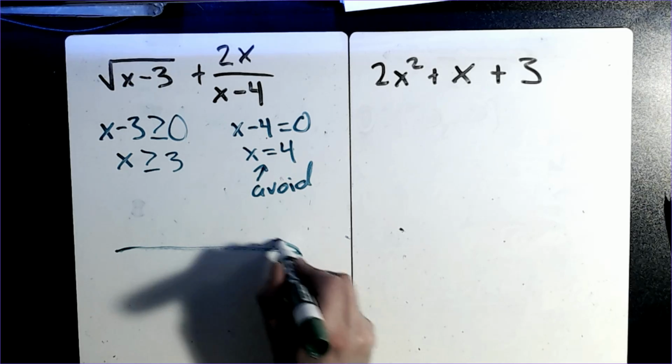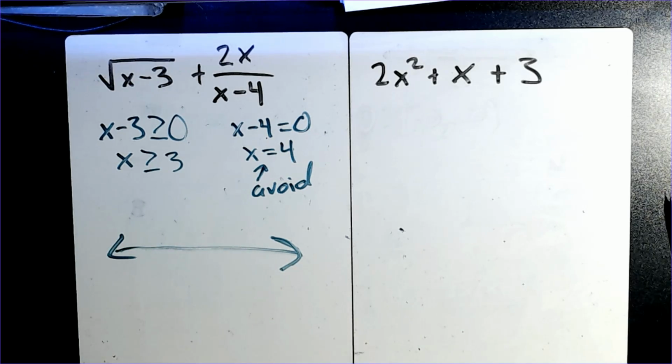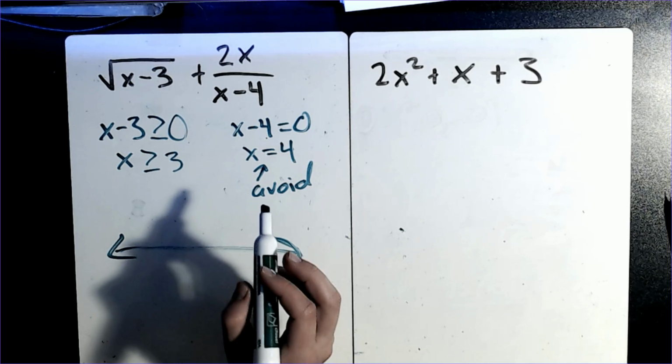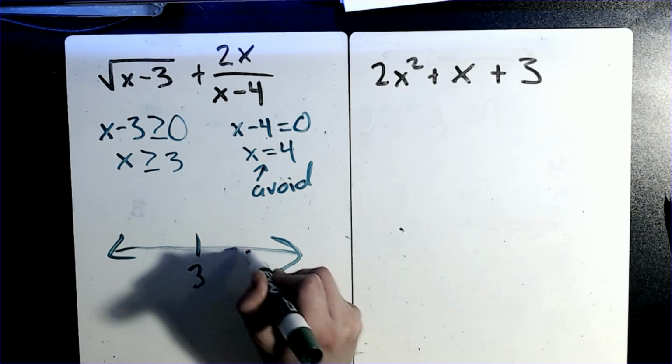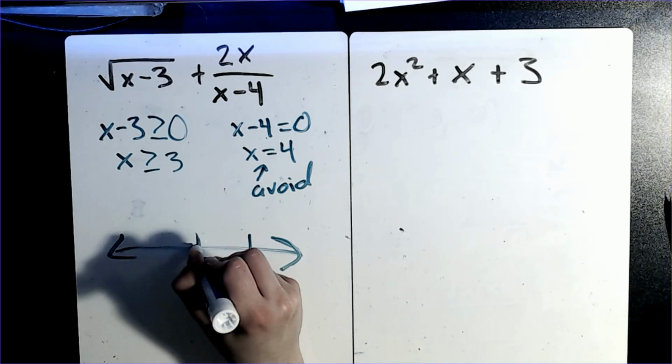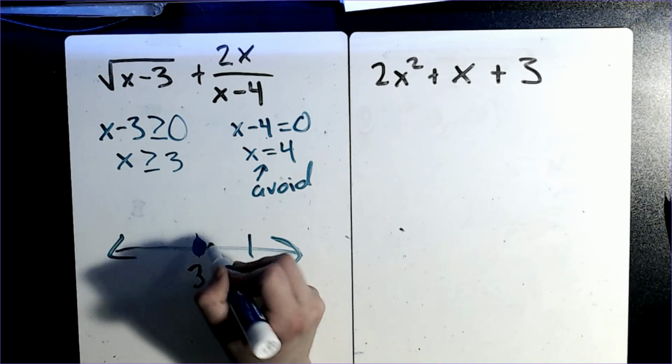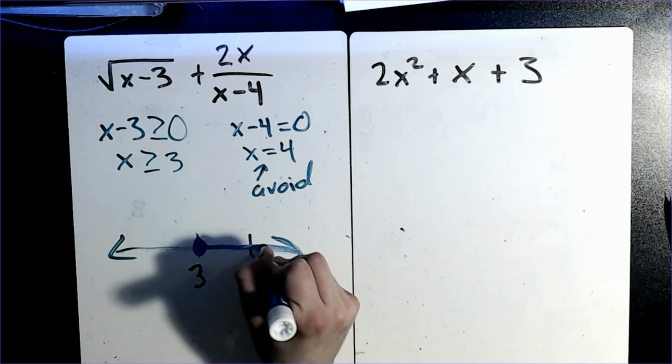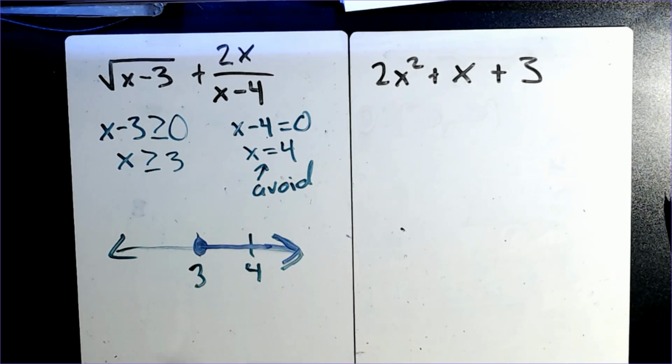So if we draw a number line to get an idea of what this domain looks like, we have 3, we have 4. We need to be bigger than or equal to 3, so we include 3, and everything to the right would be okay, only we need to avoid that 4 right there.